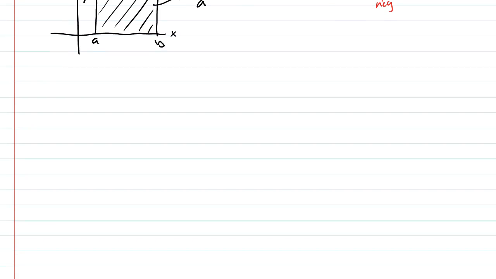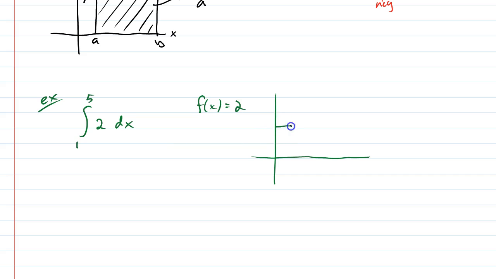Okay, so just to get used to this notation, we're going to do something like this. Now, the function is 2, which means if you were to graph this, you have a curve that doesn't curve at all. It's really just a straight line. It's y equals 2.